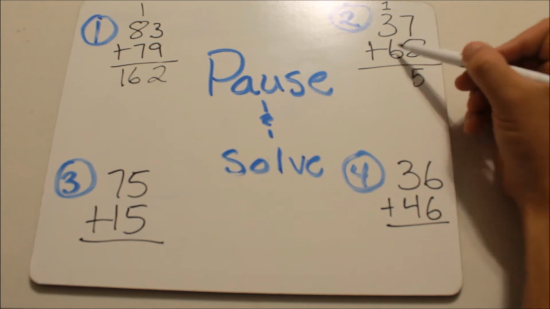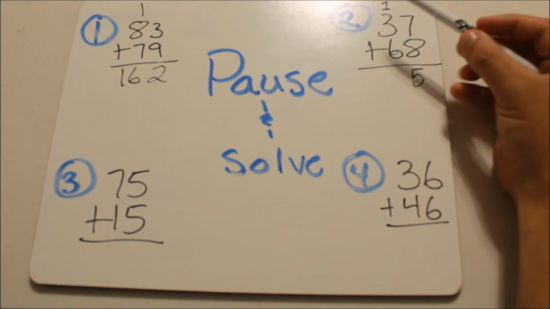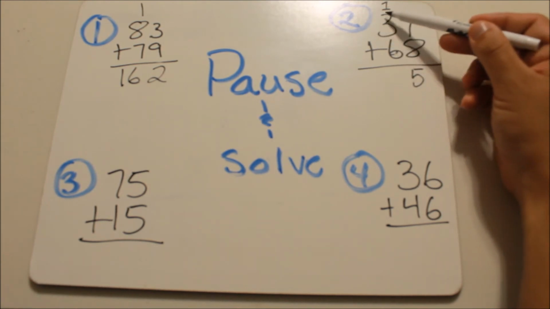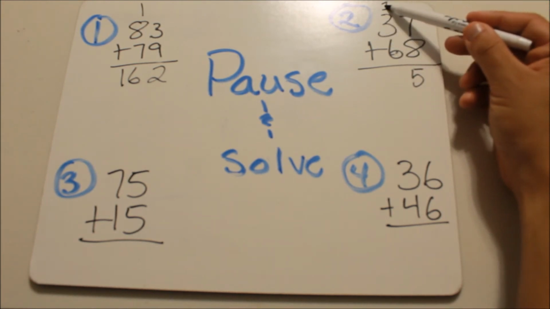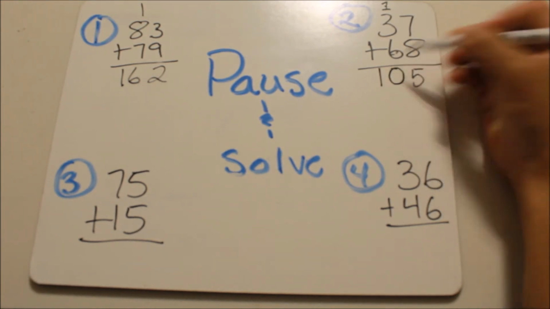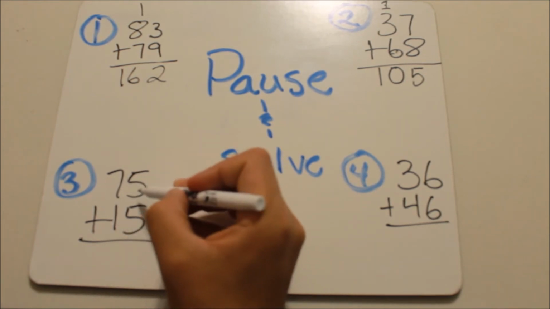Now I have 3 plus 6 plus 1. So I know 6, starting with my biggest number, 7, 8, 9, plus 1 gives me 10. 105 is my answer.